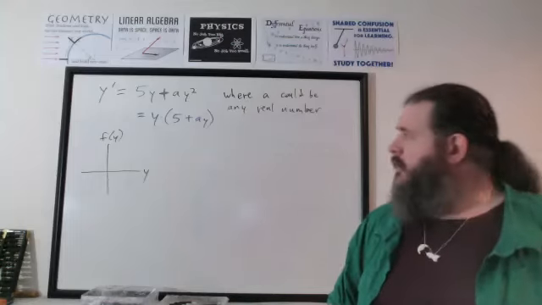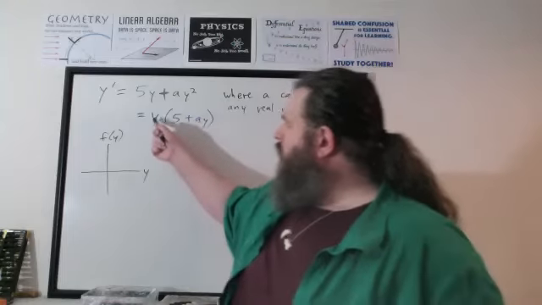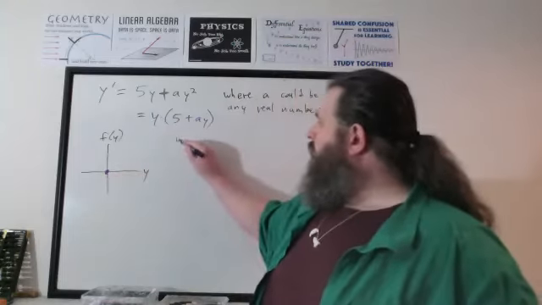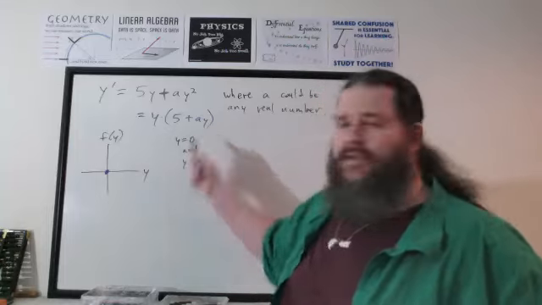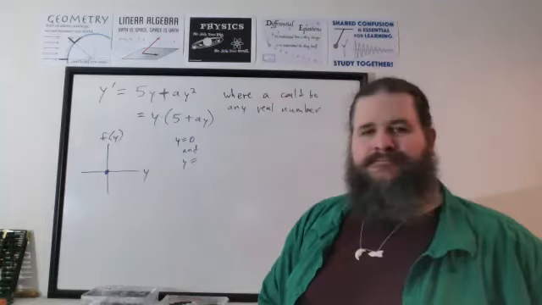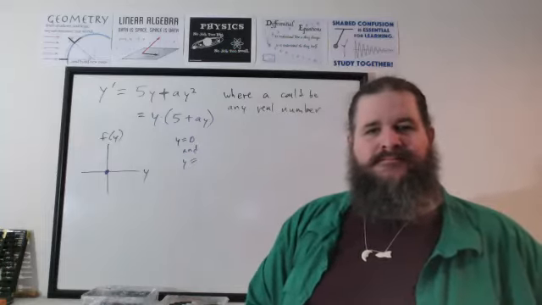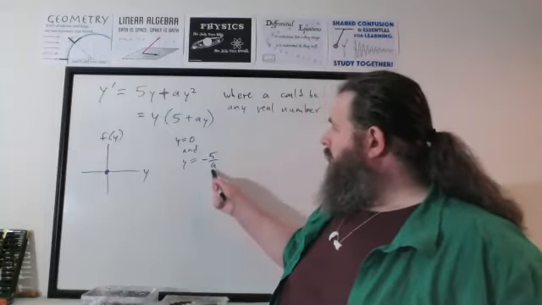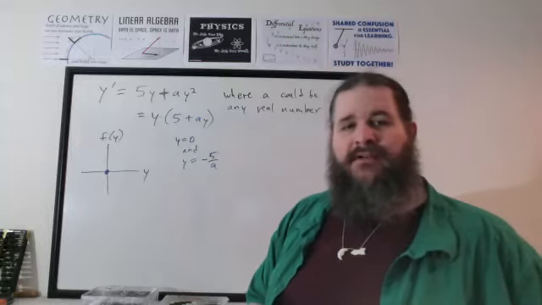Could even be 0. Note that we're always going to get 0 as an intercept. The other intercept, if you set this equal to 0 and solve for y, what would you get? Yeah, negative 5 over a. And that could be a positive number or a negative number, depending on the value of a.